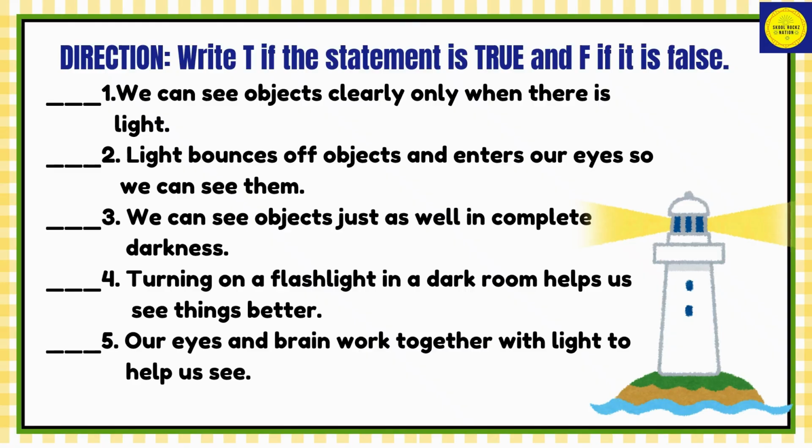Number 3, we can see objects just as well in complete darkness. Number 4, turning on a flashlight in a dark room helps us see things better. Number 5, our eyes and brain work together with light to help us see.